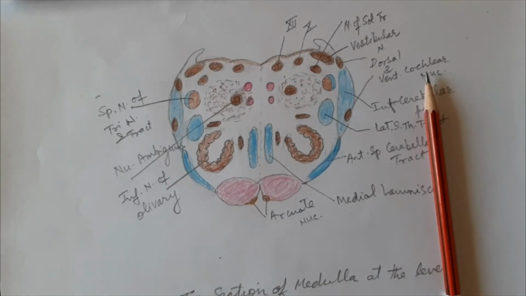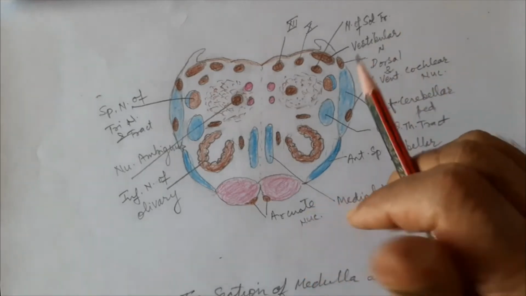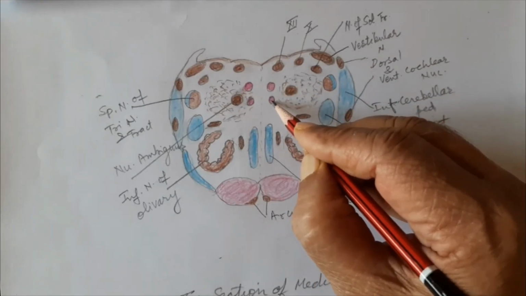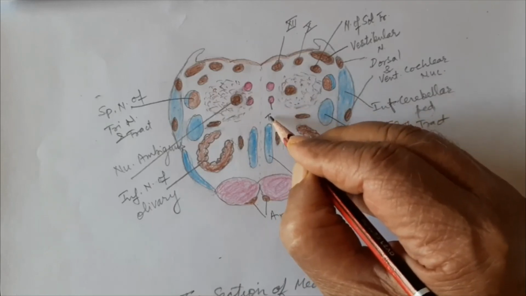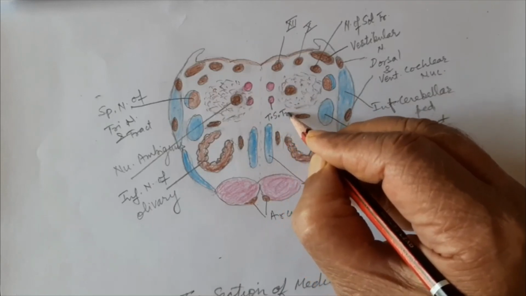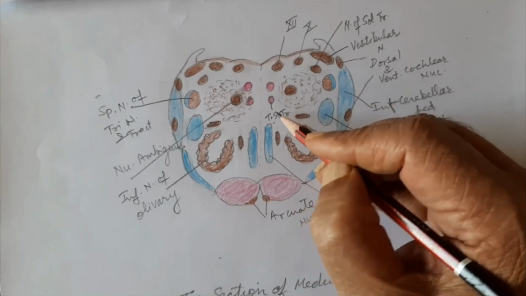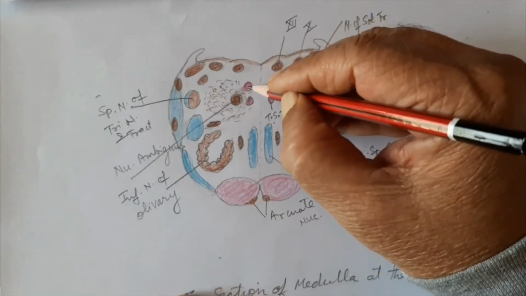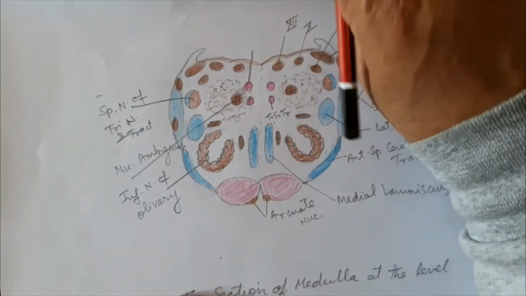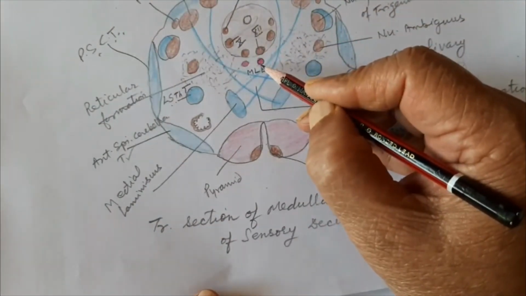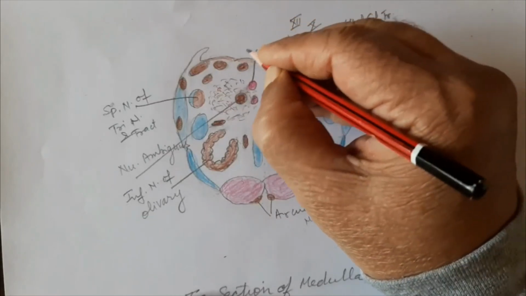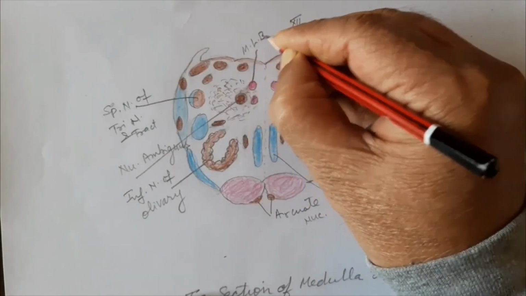Now, there will be other tracts: the medial longitudinal fasciculus and the tectospinal tract. See this? This is the tectospinal tract, TST, from the superior colliculus to the various levels of the spinal cord. And this is the same which we observed in the medial longitudinal bundle at the lower level.